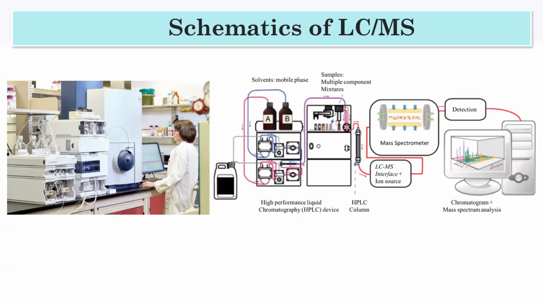Sometimes you have a sample, and the sample is a mixture, and you want to analyze it. If you put it directly in the mass spectrometer, what's going to happen? You may get a mixture of spectra, so it is difficult to find the correct molecular formula.